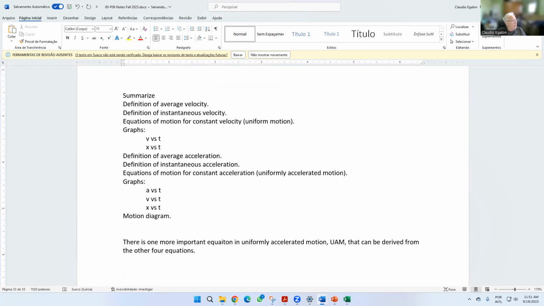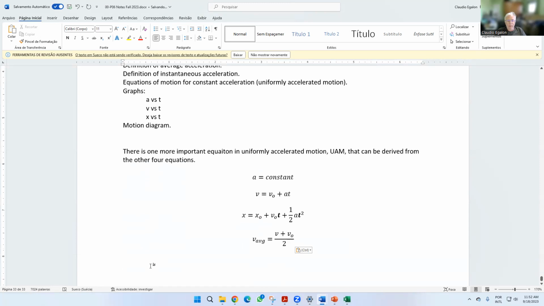And the other four equations, what do I mean? I mean right here, those four equations: the three equations of motion and this important definition that you have, which by the way is also delta x over delta t.